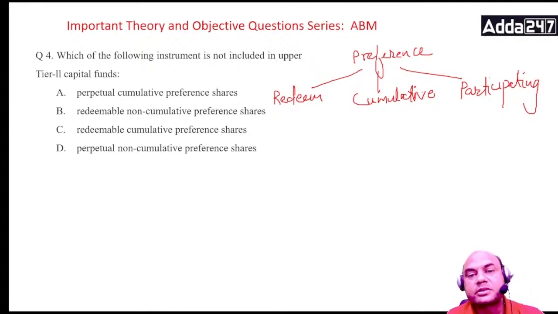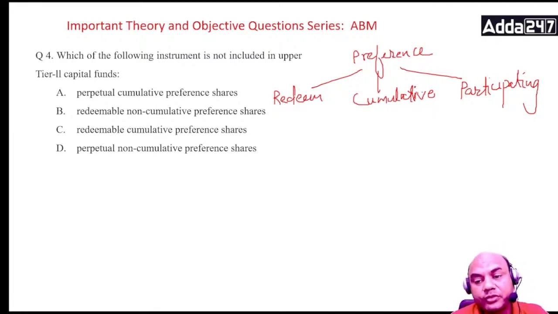Redeemable means the customer can come to you anytime and tell you, take this your share and give me my money back. That is redeemable. Cumulative means, suppose in some year you don't give the dividend. If you don't give the dividend, then next year you will have to give the dividend for last year also, along with the arrears.